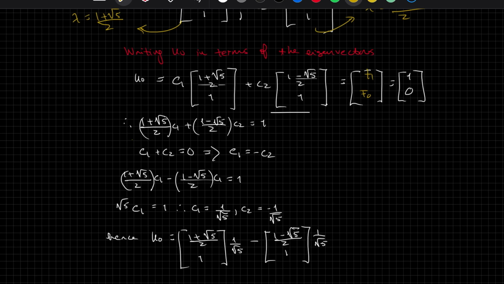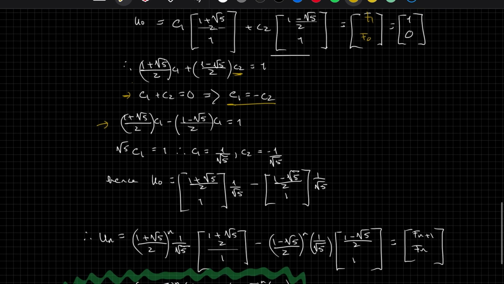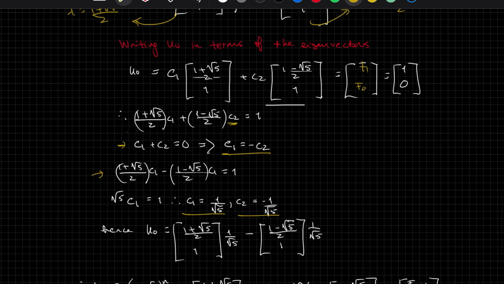Then from this equation we know this, and then we can just plug c1 equals minus c2, or c2 equals minus c1, into the first equation to get this. Then we can solve that to get c1 equals 1 over root 5 and c2 equals minus 1 over root 5. So this is just trivial algebra.